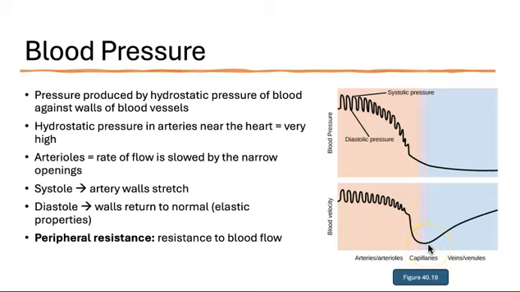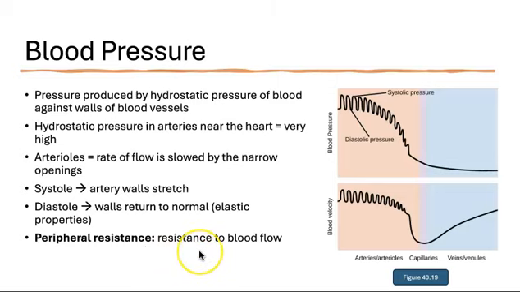like we described before. So remember, our systolic pressure is going to be when the artery walls are stretching, whereas diastole is when those walls return to normal due to the elastic properties of our artery. Now, sometimes we can increase pressure because we have greater peripheral resistance.